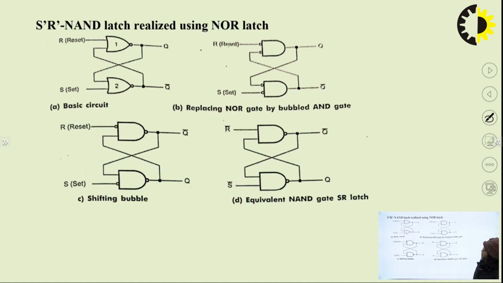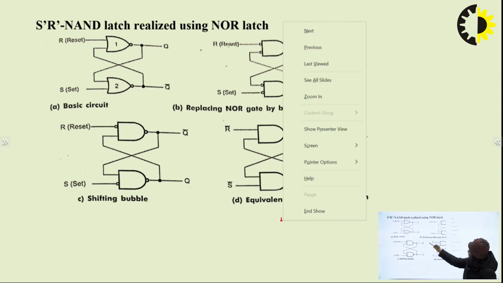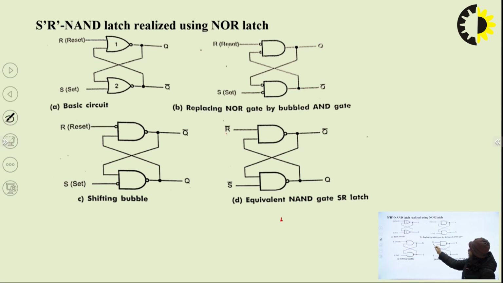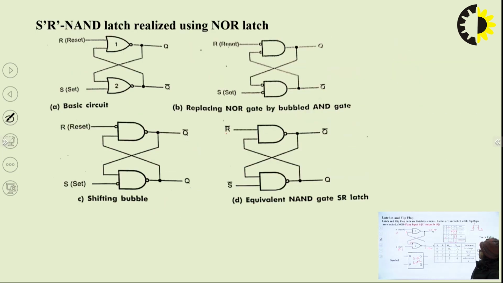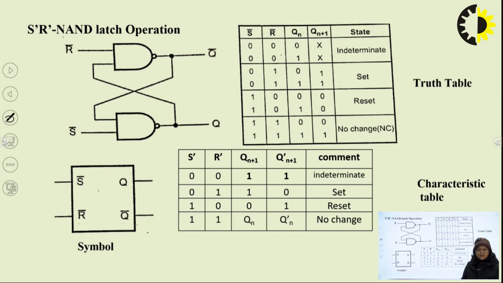The same latch can also be designed using NAND gates. We can convert it by replacing S by S bar and R by R bar. So the equivalent NAND based latch has this type of circuit with cross-coupled final outputs. If we talk about the truth table of this latch, again we consider S bar and R bar.